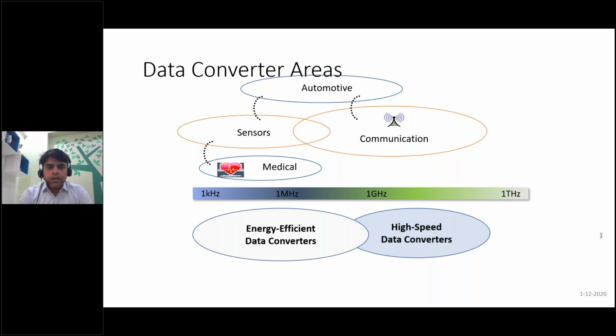So application-wise, demand for different kinds of data converters exists. And it's not that a lower frequency data converter is less challenging and a higher frequency one is more challenging. The challenge is the same everywhere. At lower frequency, you need a very energy efficient data converter, and at higher frequency, you need to push the boundaries, sometimes the boundaries of the speed at which the transistor can operate.